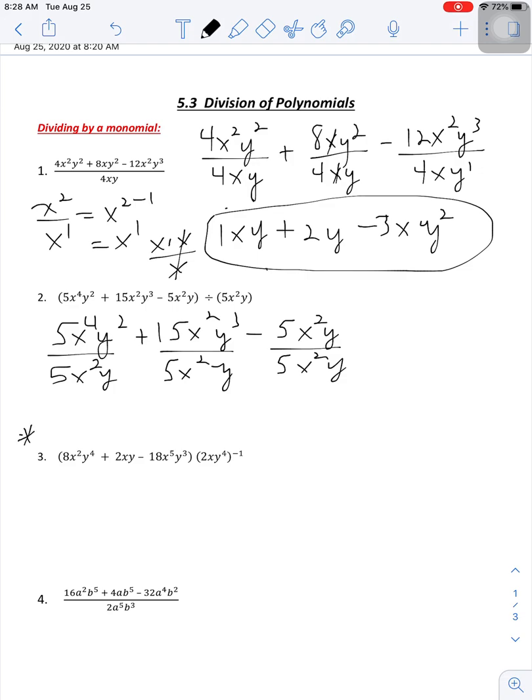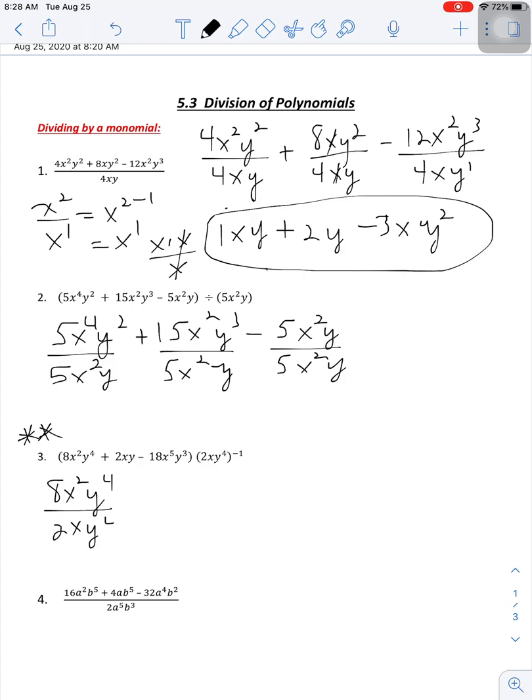And then I would say number 3 is the one that people freak out about, because they see that 2xy to the 4th to the negative 1. With negative exponents, if you think back to Algebra 1, when you have a negative exponent, you're flipping things. So for number 3, you're dealing with 8x squared y to the 4th, and then you would flip the 2xy to the 4th, and it's going to end up in the bottom.